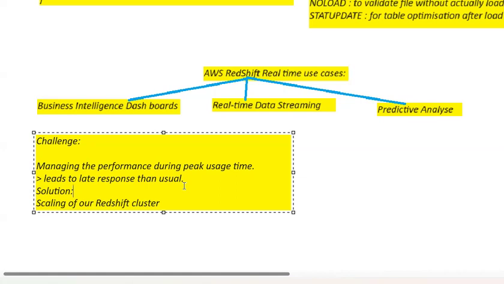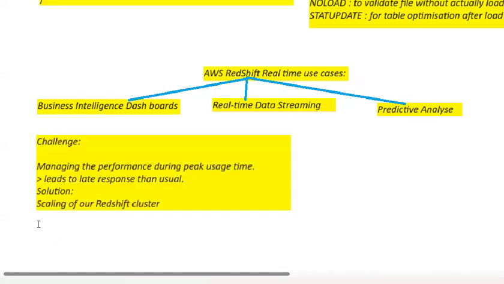Yes. So in order to scale, we need to know what the possible options are, right? So let's see them one by one. If you want to do scaling manually, without using the options that are provided for scaling automatically, then you can do this by just taking the snapshot and creating a new Redshift cluster.